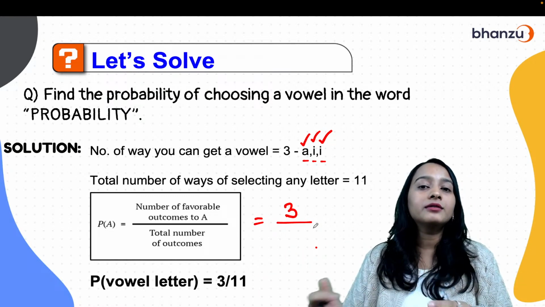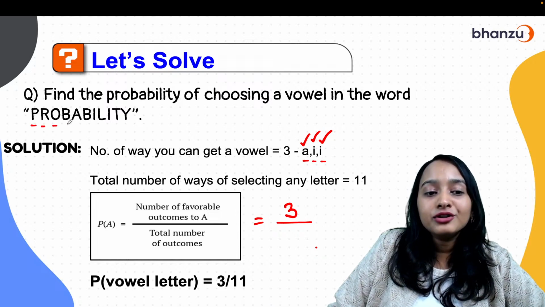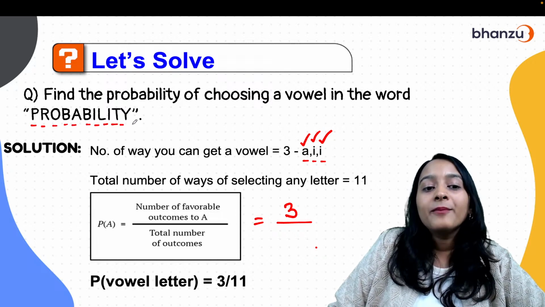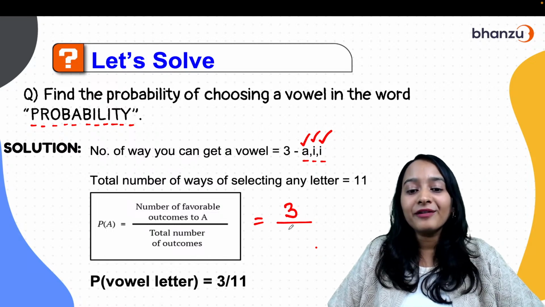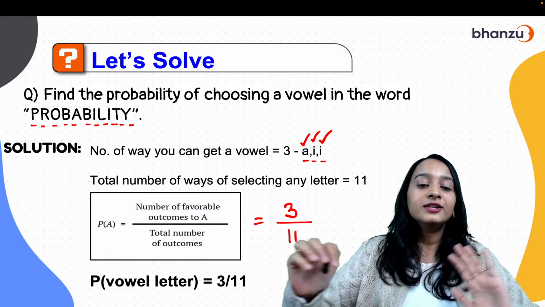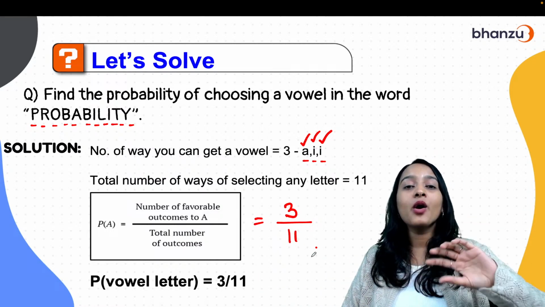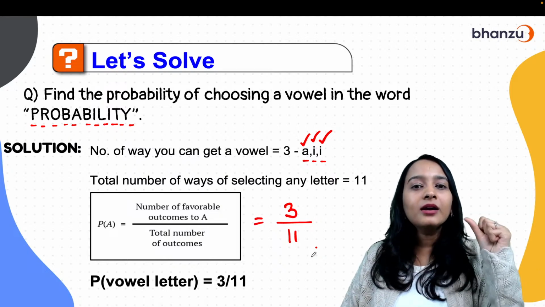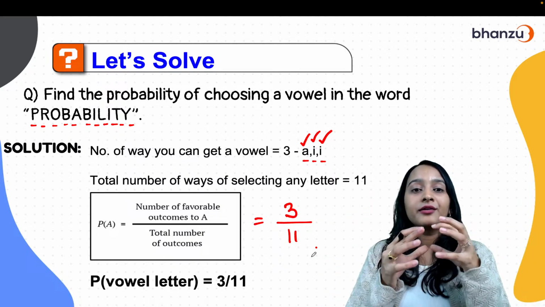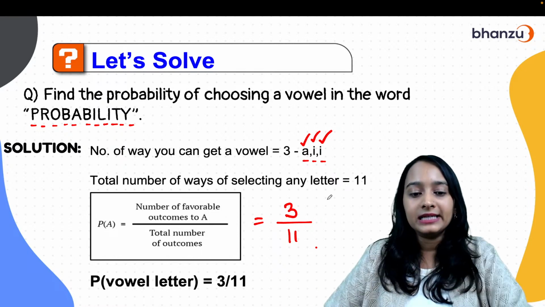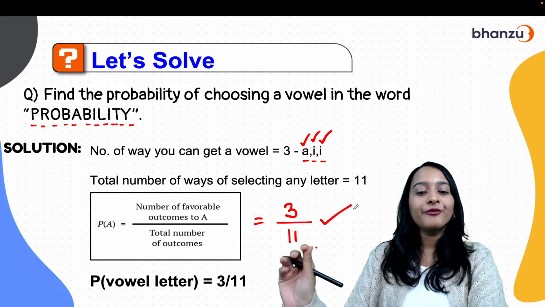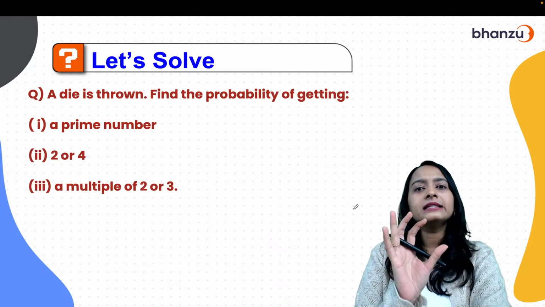The total number of outcomes is how many letters we have in the word probability. So in total we have 11 letters, right? So the probability of randomly picking a vowel from the word probability is 3 out of 11.